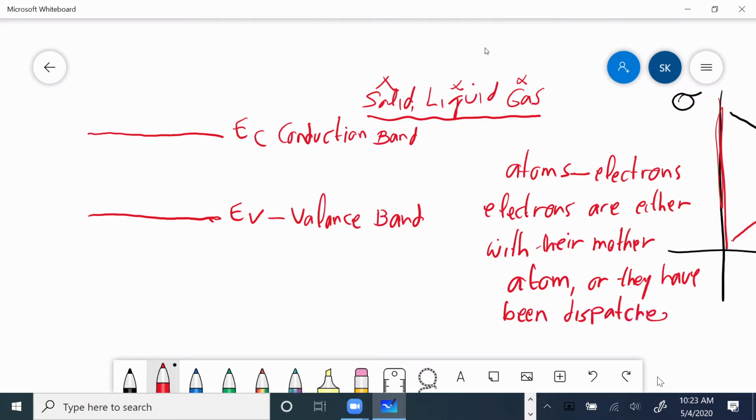They can't be anything else. If they are dispatched, they're called free electrons. And if they are free electrons, they are at that band. But if they are not dispatched, they are at this band.